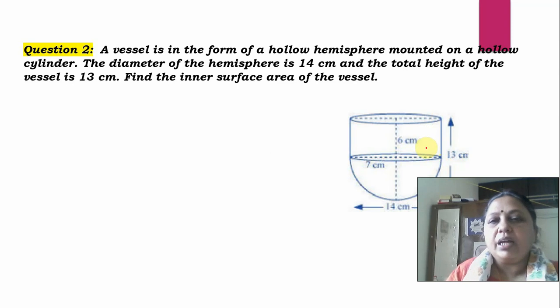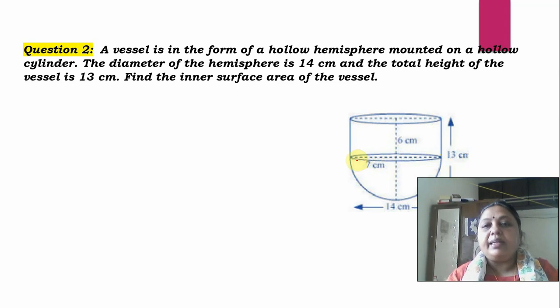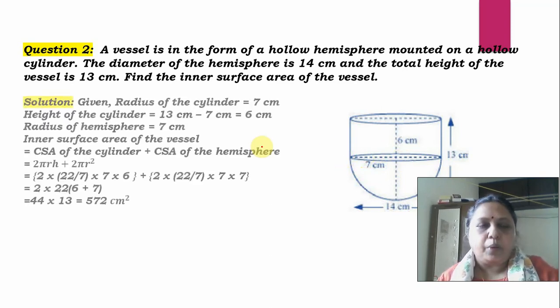So first, this is a combination of two shapes. Okay. So first, when the diameter of the hemisphere is 14 centimeter, this height of the hemisphere will be 7 centimeter, and even here it will be 7 centimeter. So let us see how we solve this problem.